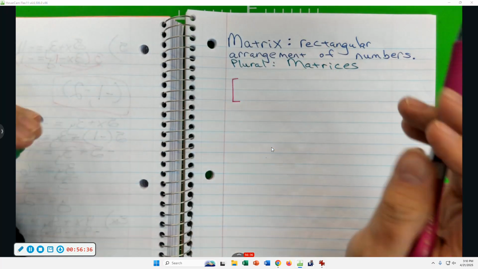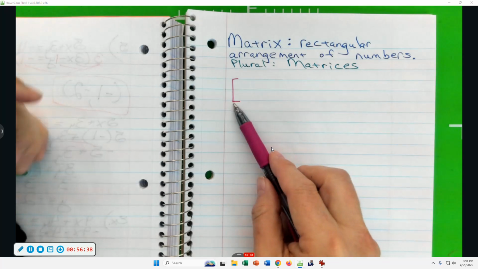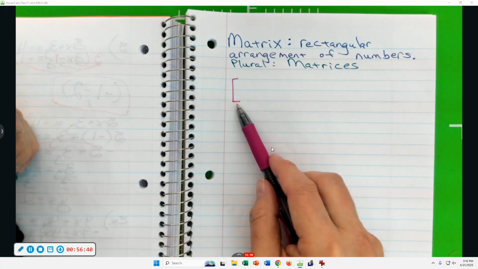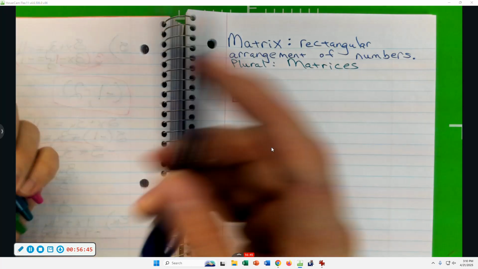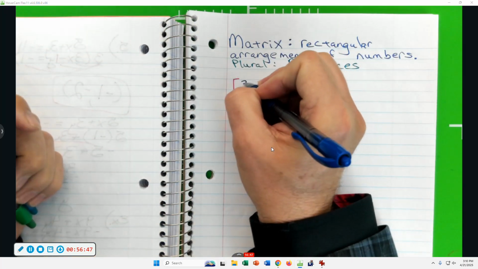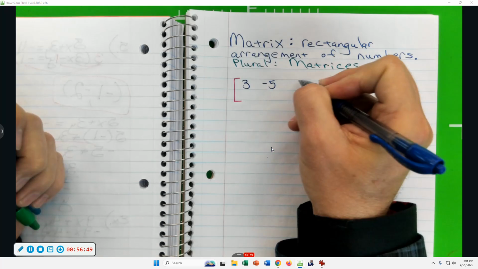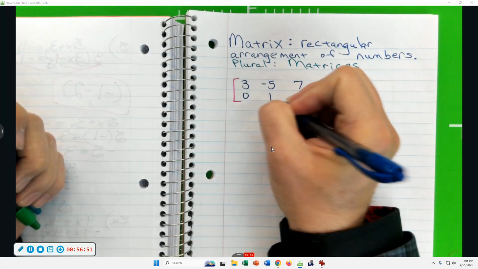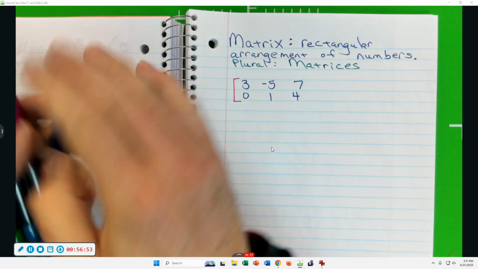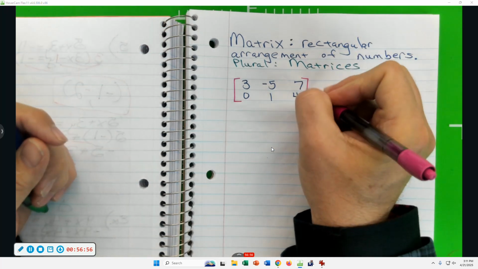We generally enclose a matrix using rectangular brackets. It looks like that closed circle interval notation stuff, doesn't it? Here's an example of a matrix.